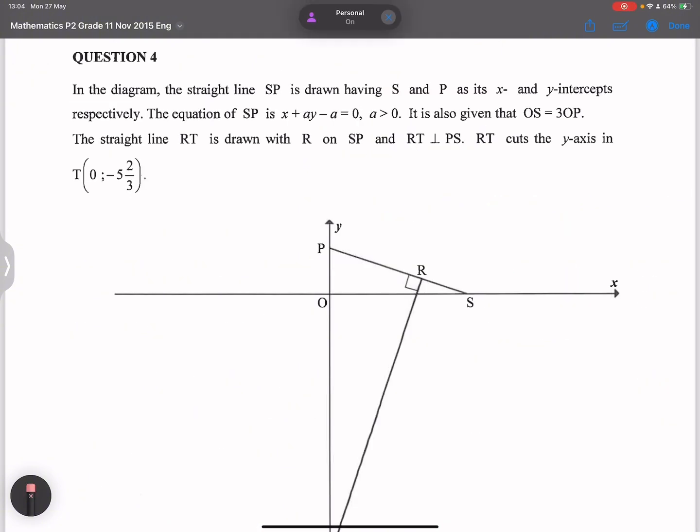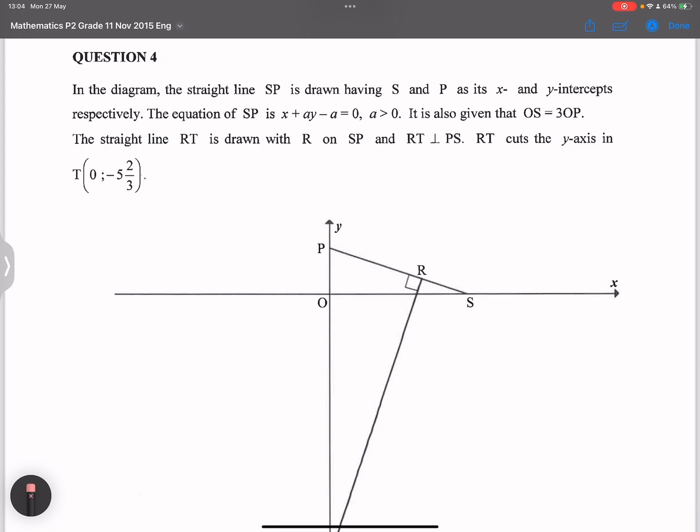On to question number 4. They say to us in the diagram we've got a straight line SP, drawn having S and P as its x and y intercepts respectively. They say the equation of SP is x plus ay minus a equals 0, where a is greater than 0. They say it is given that OS is equal to 3 OP.